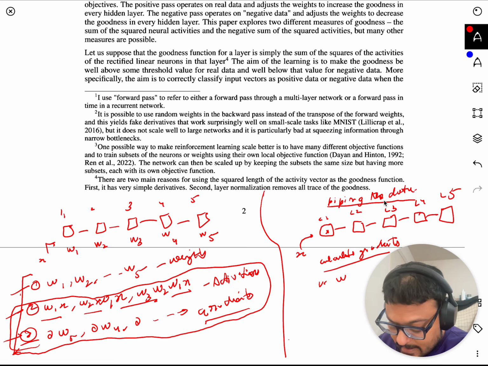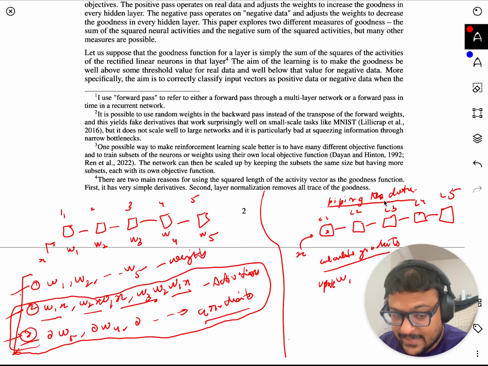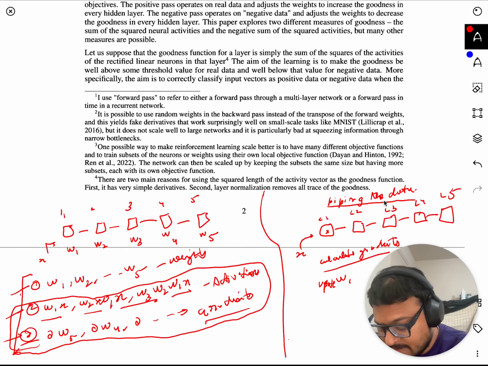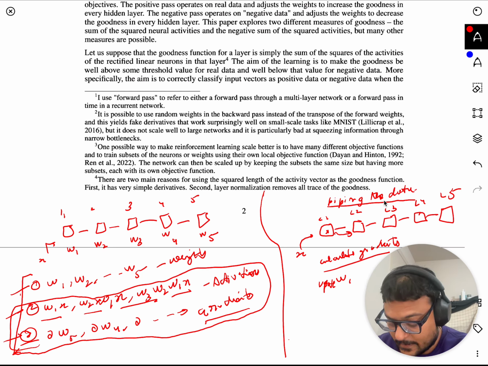Once it has updated the weights, it can get rid of the gradients, and it doesn't need to store these gradients anymore. Then it can pass on the resultant activation to the second layer, and similarly the second layer, as soon as it receives data, updates itself, gets rid of the gradients, and then passes the data further.